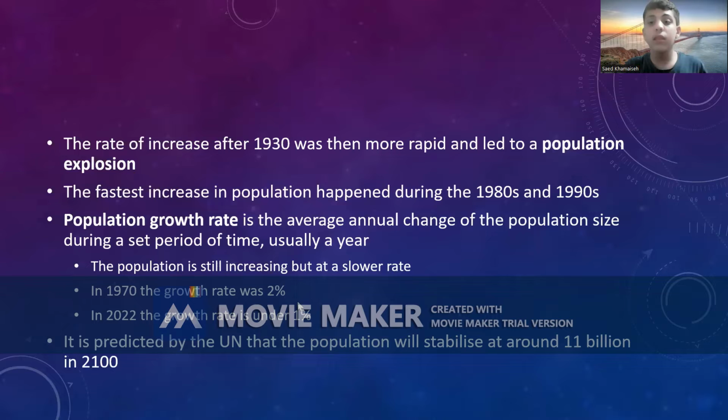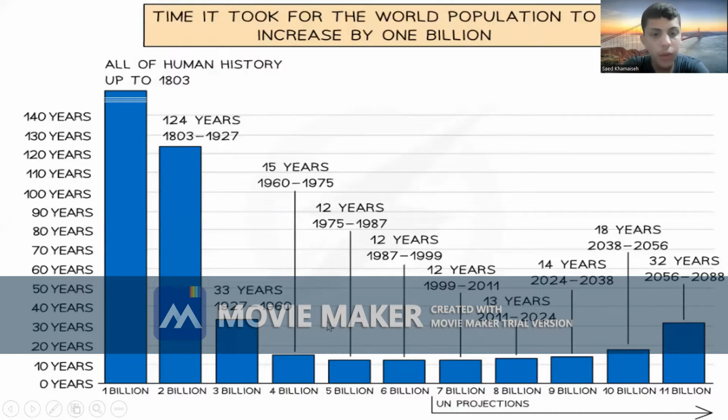The increase after 1930 was then more rapid. Where is 1930 here? Let us see. Let's say that it is 1930. So it was so rapid.